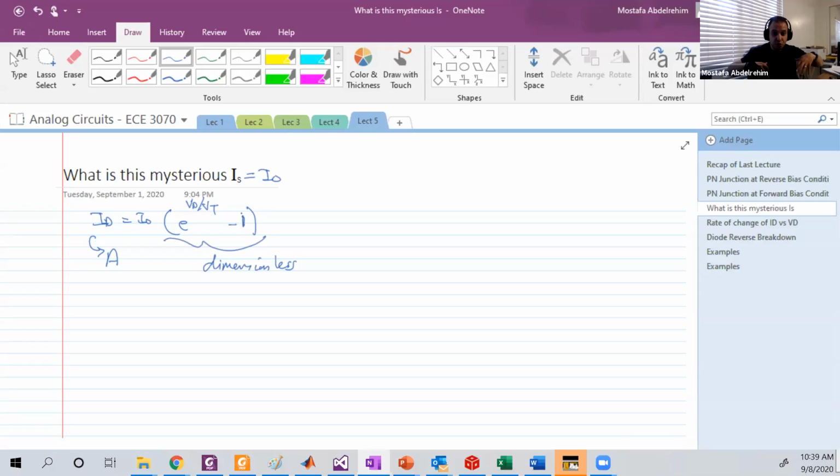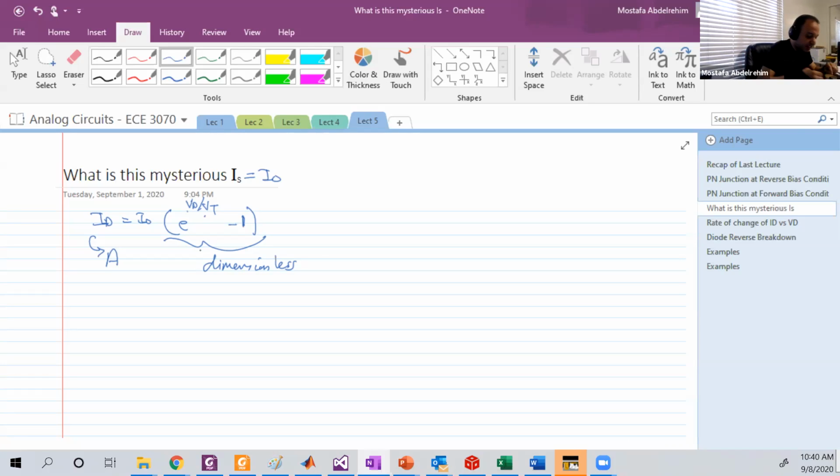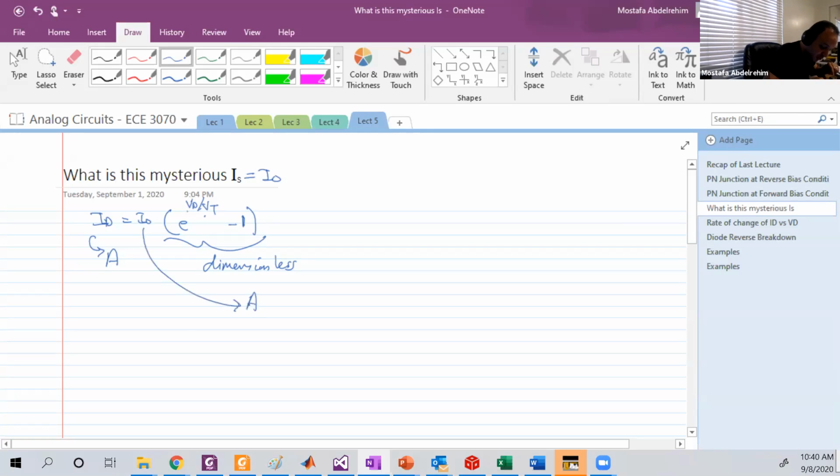If you want to check your equation, the exponent of the natural number e must be dimensionless. And yes, it is, because VD is a voltage and VT is also a voltage. So all that term is dimensionless. So the only thing on the right-hand side that behaves like a current is I naught, and I naught does have the dimensions of amperes.